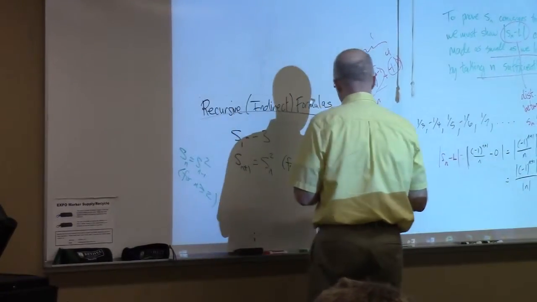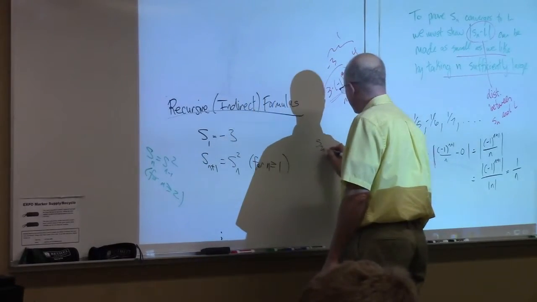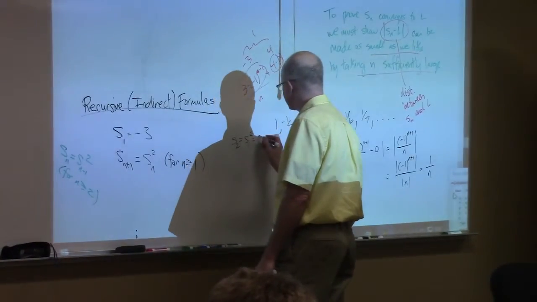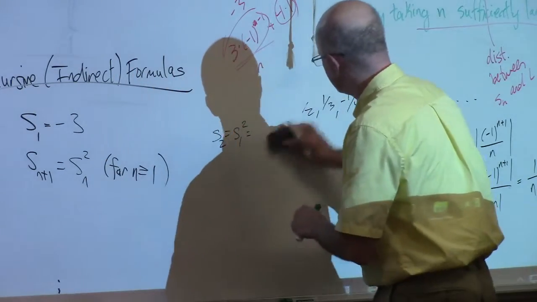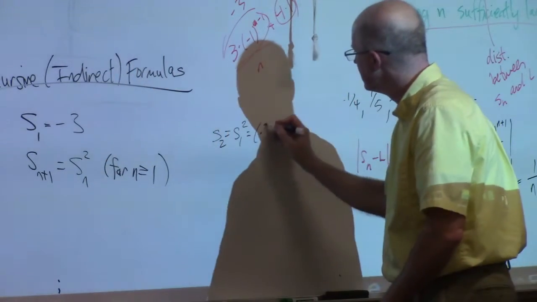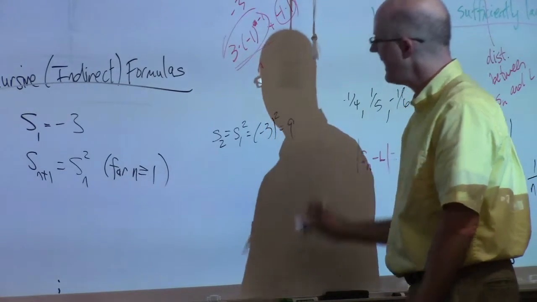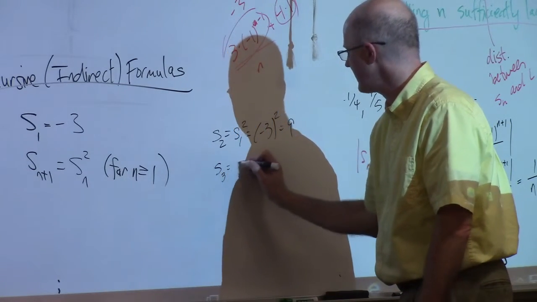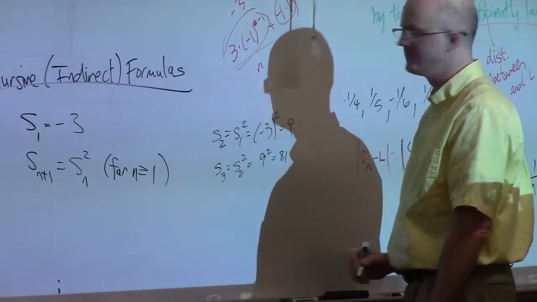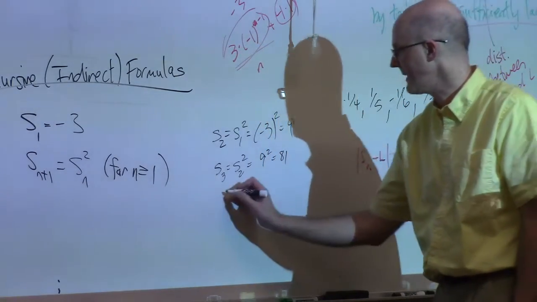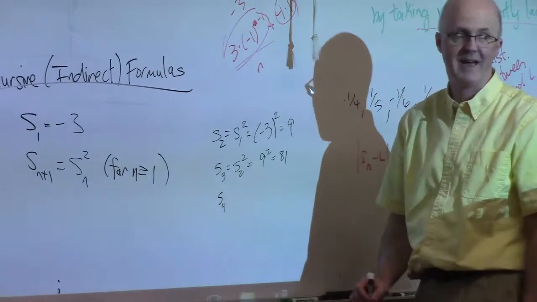So if you wanted to figure out the other values in the sequence, S2 is S1 squared, so that's -3 squared, +9. S3 is S2 squared, 9 squared, +81. The numbers are going to be positive from now on, and they're going to get big really fast.